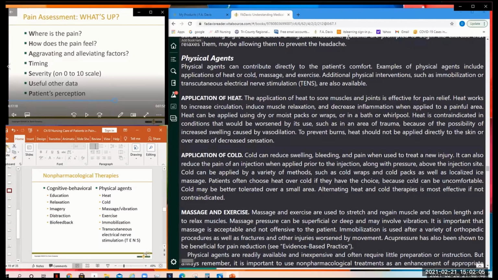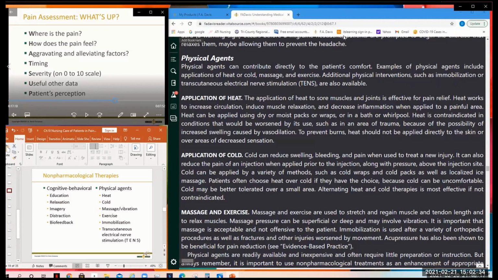Heat is contraindicated in conditions that would be worsened by its use, such as in an area of trauma, because of the possibility of increased swelling caused by vasodilation. To prevent burns, heat should not be applied directly to the skin or over areas of decreased sensation.